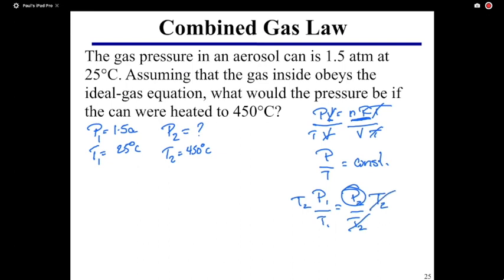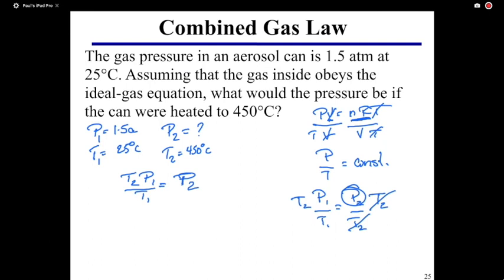So when I do this, I want to take temperature 2 times pressure 1 divided by temperature 1 equals the pressure 2. Okay? I've simplified. I don't have to move numbers around. I simplified for what I was solving for using the equation without numbers.